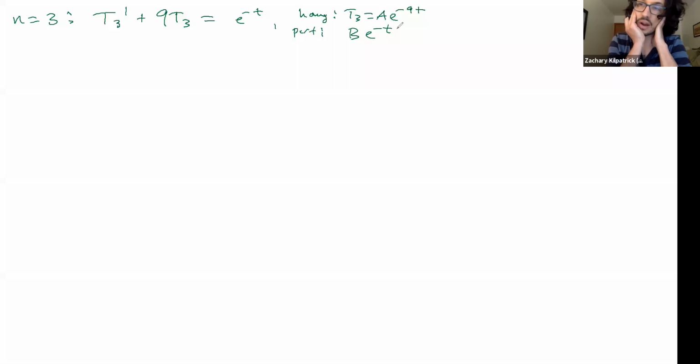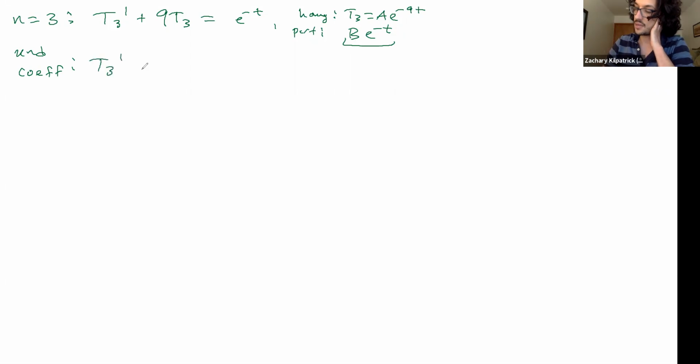You could use integrating factors, or you could use the method of undetermined coefficients. We can use undetermined coefficients here, just on the particular solution, because we know the linear operator is just going to kill the homogeneous solution.